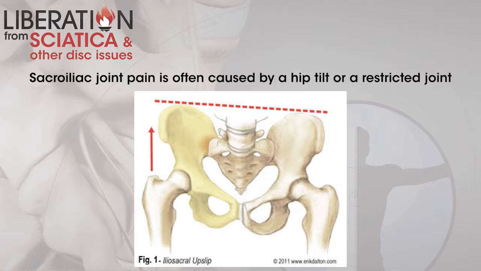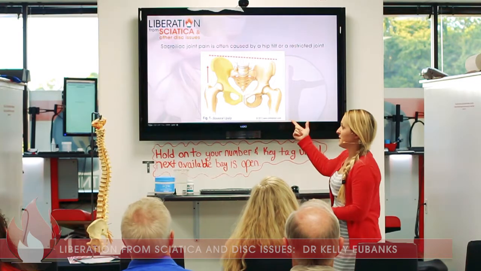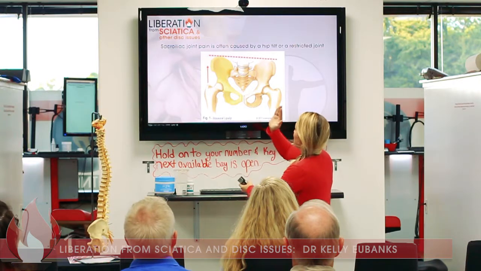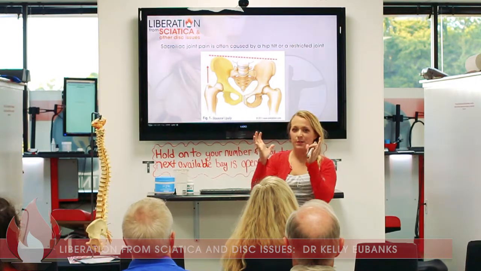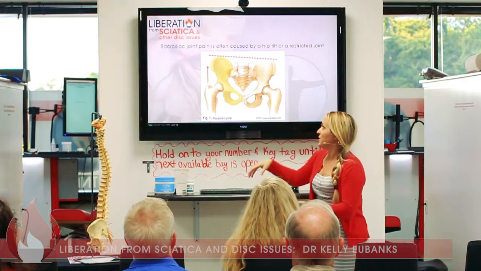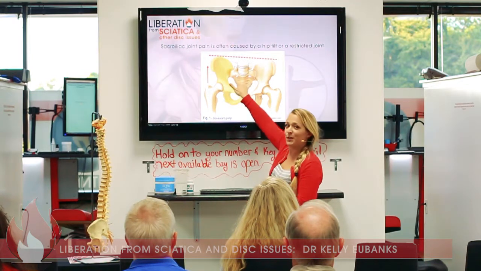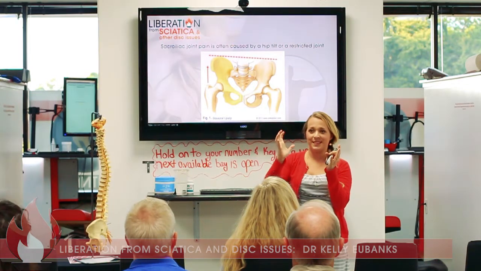So what causes sacroiliac joint pain? It's often caused by a hip tilt or restricted joint. So a hip tilt, as you can see, is when you have an x-ray from the front and your hips are sitting like this. These joints are going to have a real hard time functioning properly if your pelvis is sitting tilted.